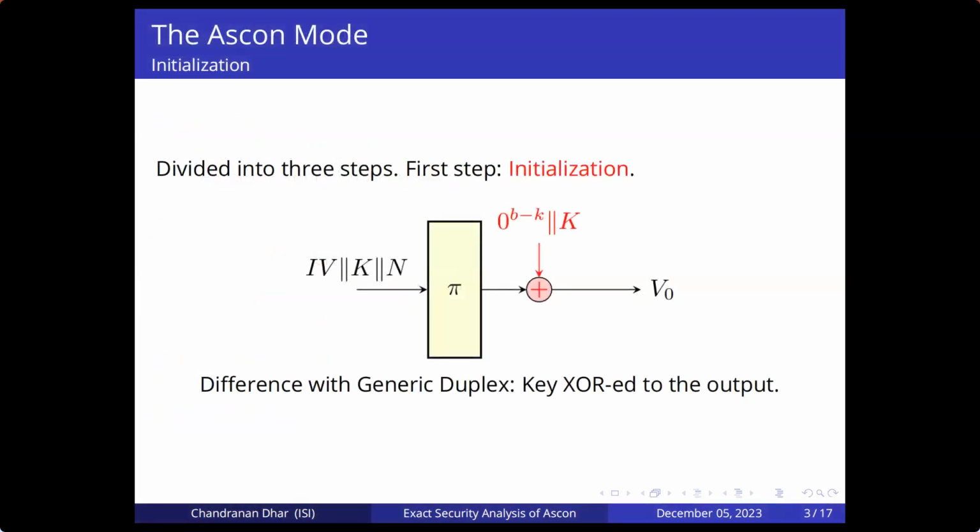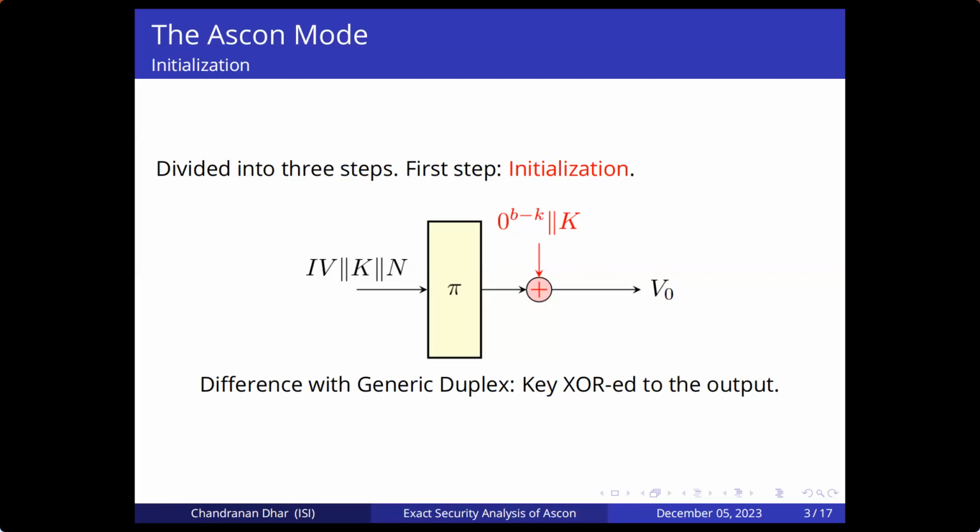To introduce the ASCON mode of operation: the ASCON mode is similar to the duplex modes of operation, but not quite. Like the duplex mode, the ASCON mode is also divided into three steps: the initialization, the data processing, and the finalization.